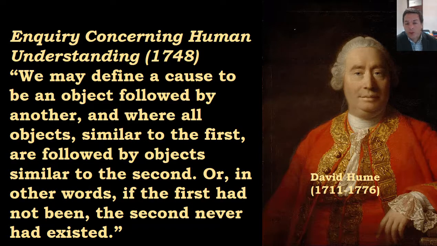So these are the two components of Hume's conception of causality. First, that one object follows another, so it's the constant contiguity between two objects, temporal contiguity, first the cause, then the effect, but also it happens many times. And the second one is the counterfactual component.